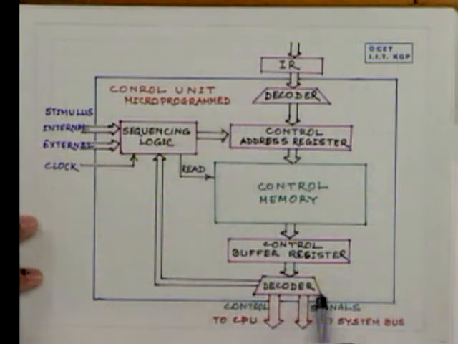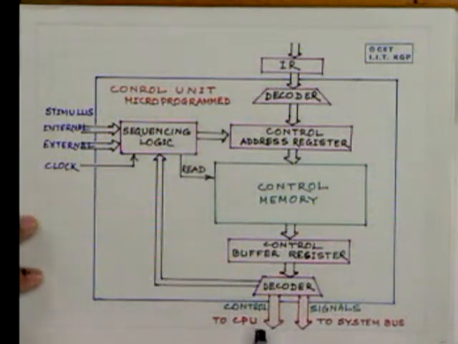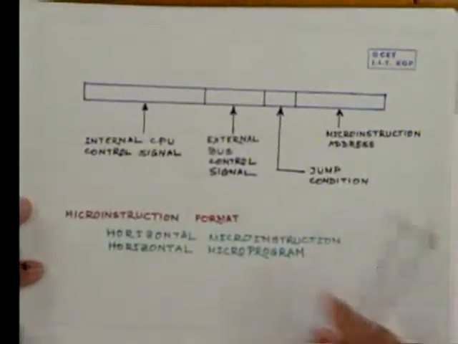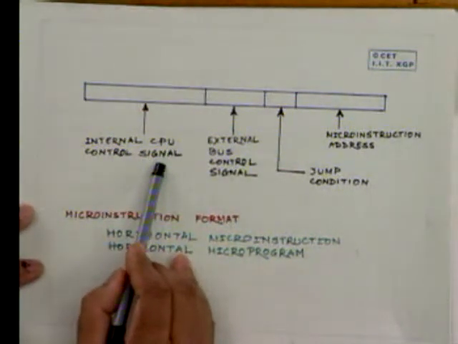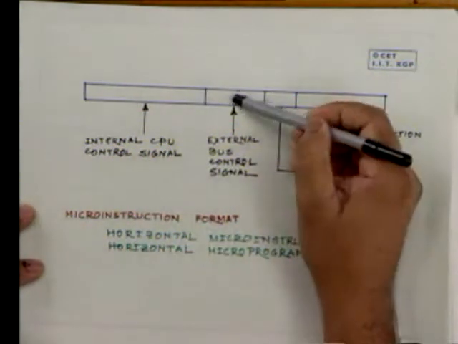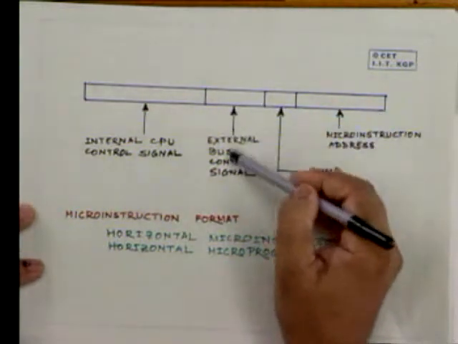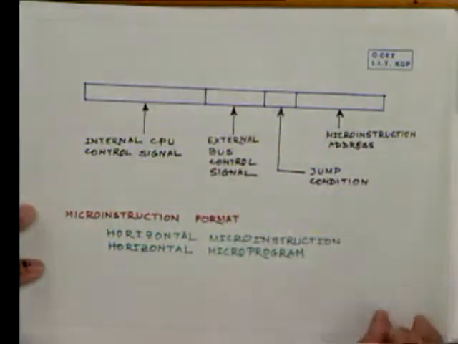We keep this decoder; the purpose we will say after some time: it now generates the control signals directly. One set goes to the CPU and another set of control signals goes to the system bus, right?